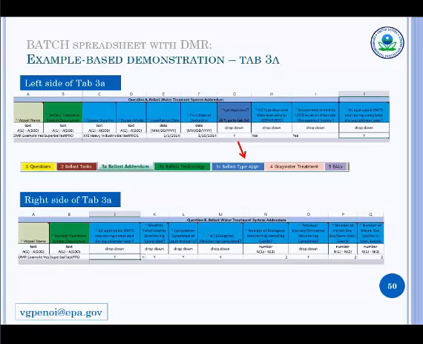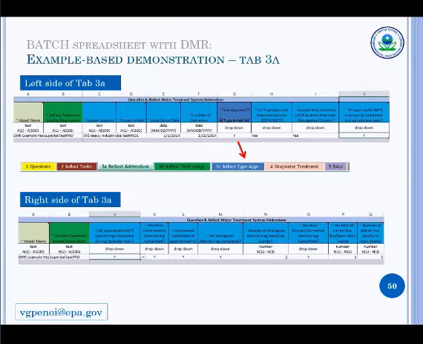This tab is basically for information about any ballast water treatment system on board a vessel. If you have more than one treatment system on a vessel, you have to fill out one row for each treatment system. If you submit annual reports for 10 vessels and only one of them has a ballast water treatment system, you will only have one row of information on tab 3A.